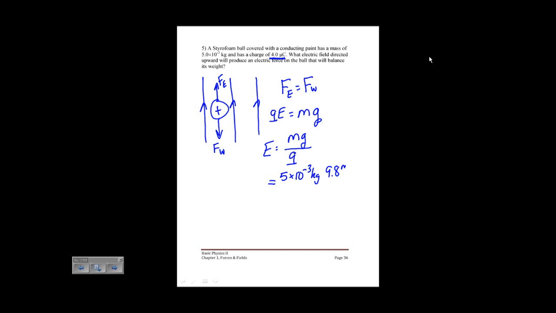G is 9.8. That gives us units of force in the numerator, charge in the denominator. Have to convert it to coulombs. Make sure you know your micro and nano especially. Right, 10 to the minus 6 and 10 to the minus 9 for nano. And that gives us 12,000 newtons per coulomb.